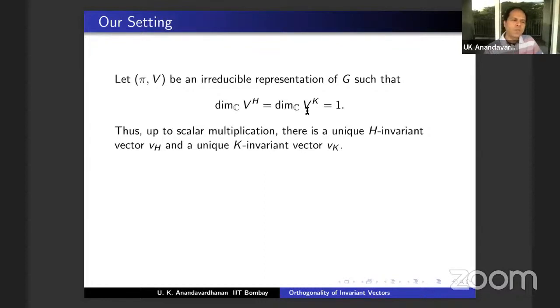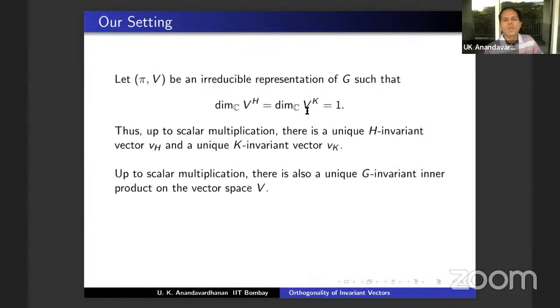Okay. Now that you know up to scalars you have these two natural vectors, you could ask this question: what is the angle between them? What is the inner product of those two? We also know these are finite dimensional vector spaces. Up to scalar multiplication, there is also a unique G invariant inner product. You can take the standard inner product and make it G invariant by an averaging process.